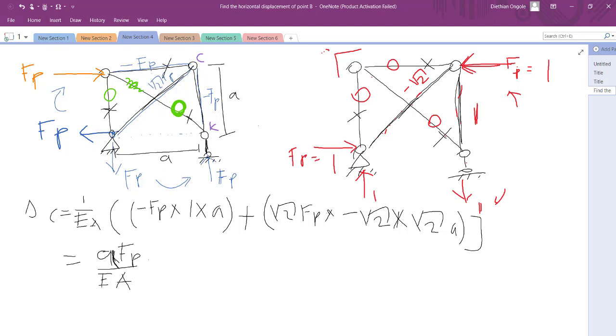I'll be left with 2 root 2 minus 1. That is our displacement at point C. So basically that's how we compute the displacements on statically determinate truss systems. Thank you.